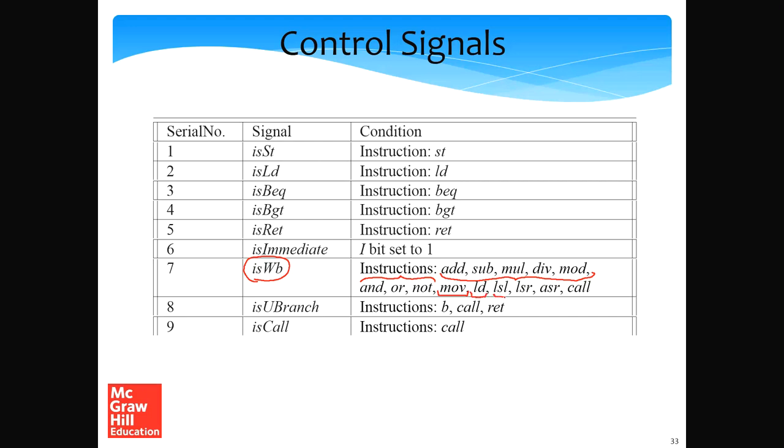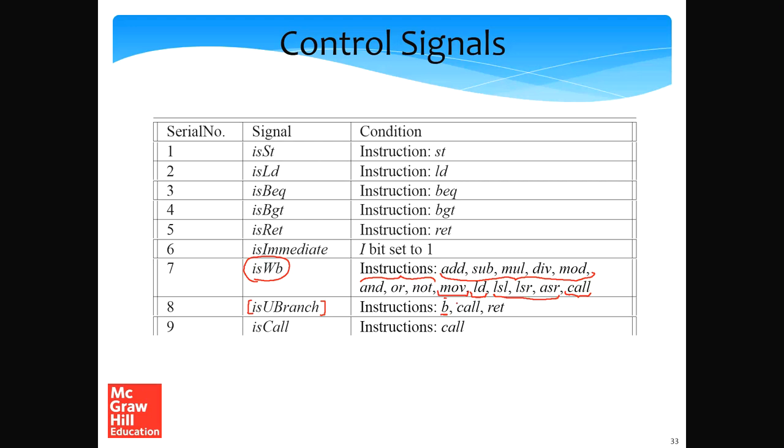Then we have the 3 shift instructions that write to a register. And we have already discussed the case of the call instruction, which writes to a register. So this is, mind you, implicit, in the sense that when we call a function, the return address is written to the return address register. We have discussed the case of is U branch, is unconditional branch. So definitely the B instruction will be in that.